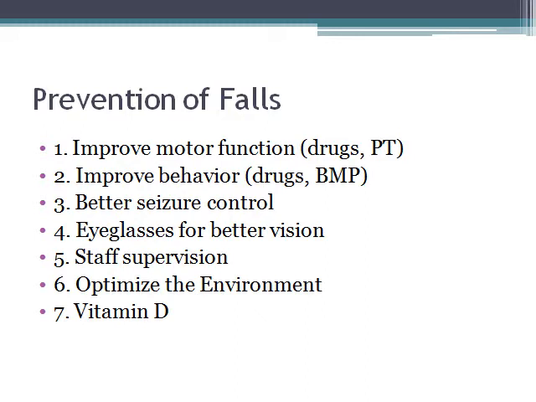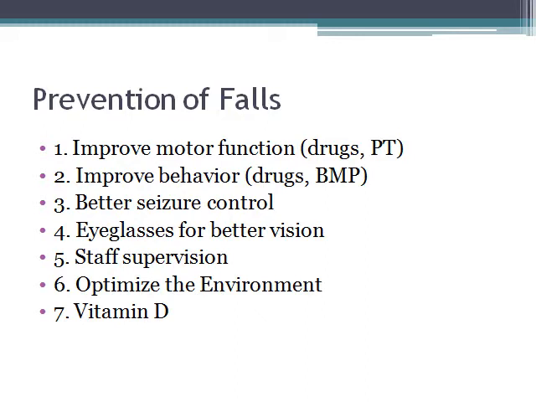So anything that you can do to improve motor function and improve behavior, optimize those two issues, would be very important. Of course, better seizure control, using medications is helpful, and sometimes that means adding, sometimes it means withdrawing certain medication.